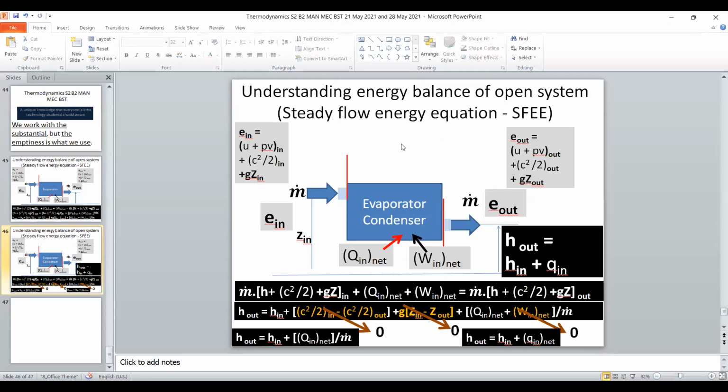That's the point. So H out, H in plus Q in.